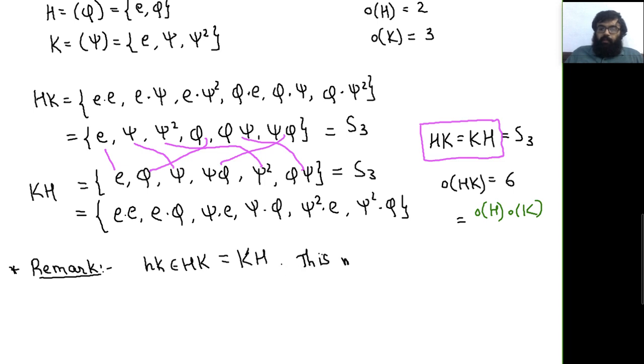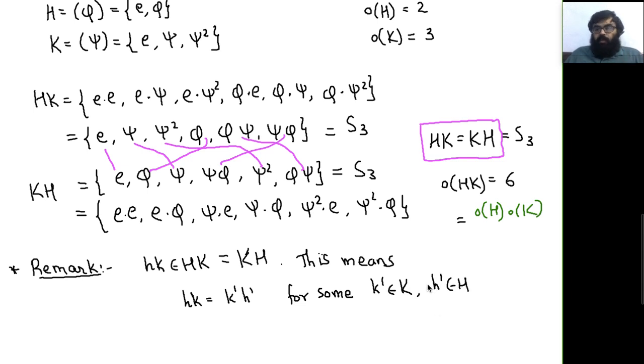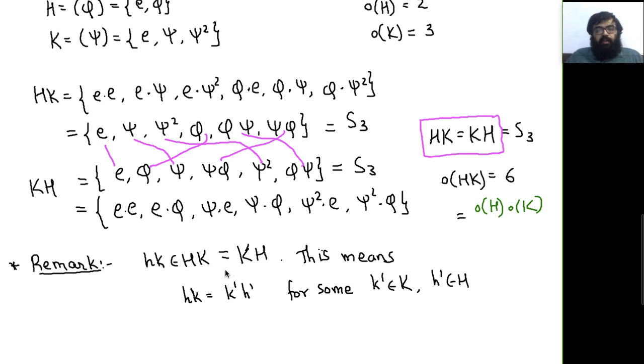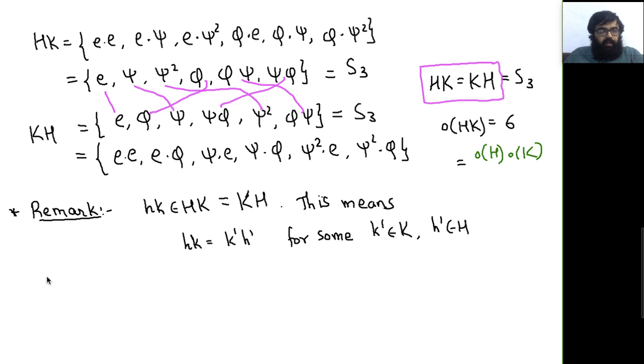This means hk equals some k dash h dash, for some k dash in K and h dash in H. This is important. It does not mean that these two elements commute.